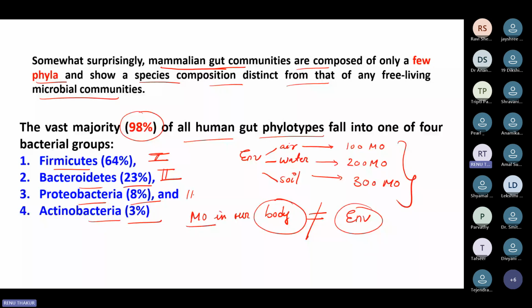Arrange it in increasing order: actinobacteria, proteobacteria, bacteroidetes, and firmicutes. And if it is asked in decreasing order, firmicutes will be first. So these four we have to study.